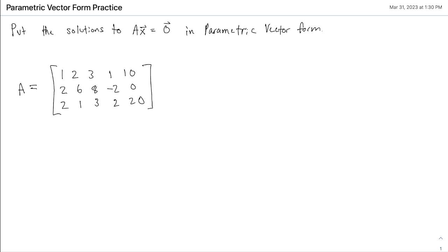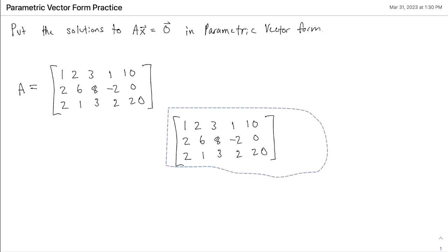So we're being asked to put the solutions to the homogeneous equation Ax equals 0 in parametric vector form. So, first thing I see, Ax equals 0, we have a matrix times some vector x is equal to the 0 vector. So I'm actually just going to write it out as a matrix vector multiplication equation, okay?